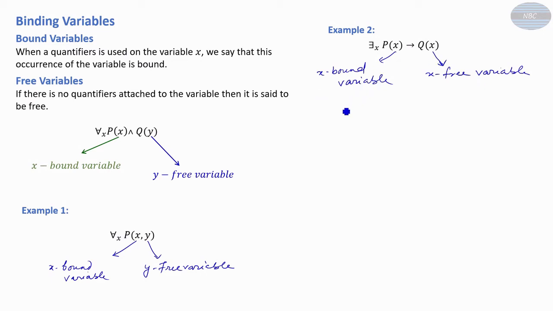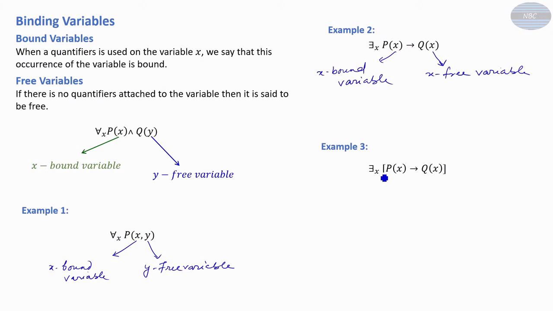Let us come to another example where it will be very clear. In example 3, the same example is taken, but the only difference is that here we have used a square bracket. Now the predicates P(x) and Q(x) are written in the square bracket. So now this particular variable x is attached with the existential quantifier.